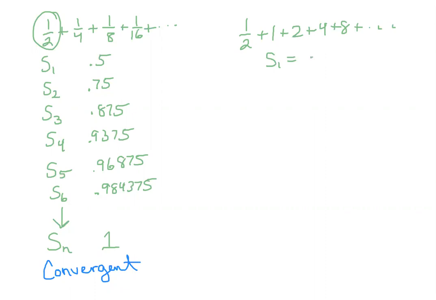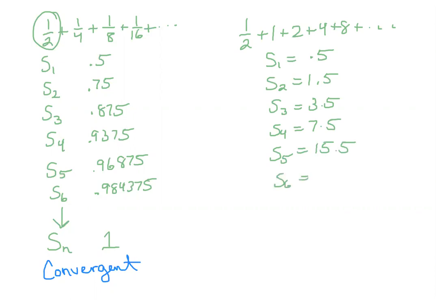Our first sum is 0.5, our second is 1.5, and then 3.5, 7.5, 15.5, 31.5, and as this goes off to infinity, the sum goes off to infinity. Okay, so if it's a series that does not have a certain sum, it's called divergent.